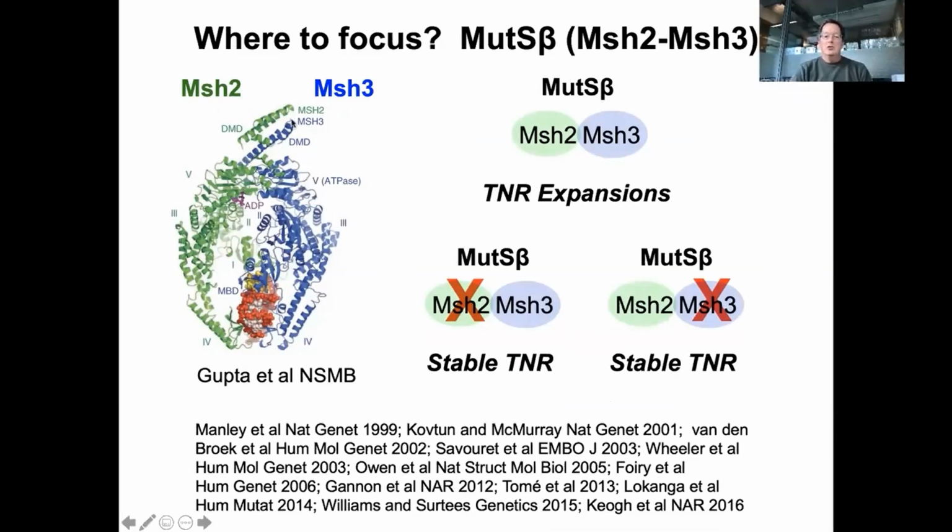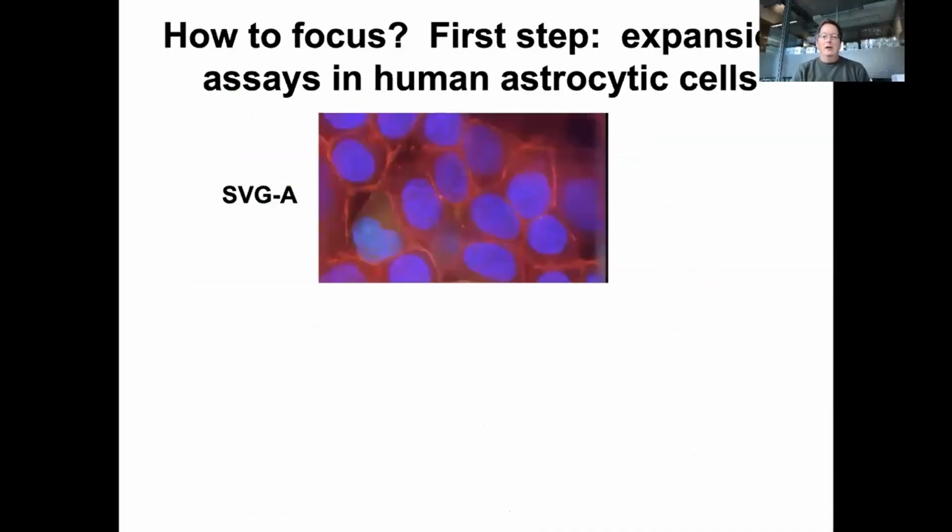What's been shown is that knockout of either the MSH2 subunit or the MSH3 subunit of MutS beta blocks expansions in those mice. In particular, I just point out that MSH3 is of particular interest because it's unique to MutS beta. MutS beta is the only form in which MSH3 functions, and therefore MutS beta is worthy of further attention. So how then did we go about testing this?